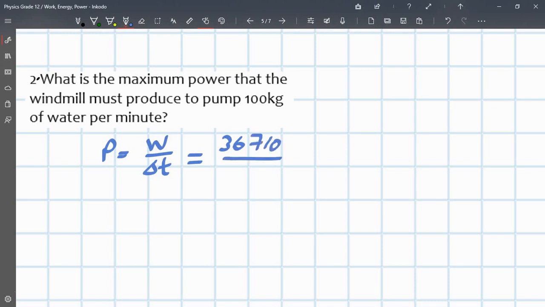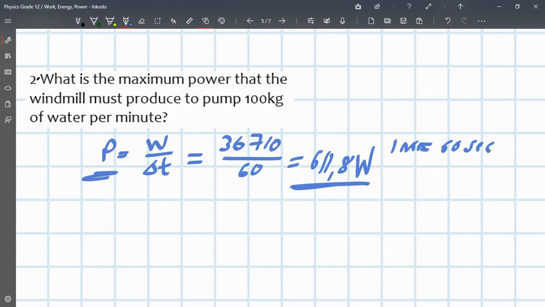The amount of water is 100 kg, the same as the previous question, so we can use the previous amount of work done per minute. 1 minute is equal to 60 seconds, so it's just going to be divided by 60, because that's a rate at which it's done per second. So the amount of power will be 611.8 watts. Remember, power is in watts.